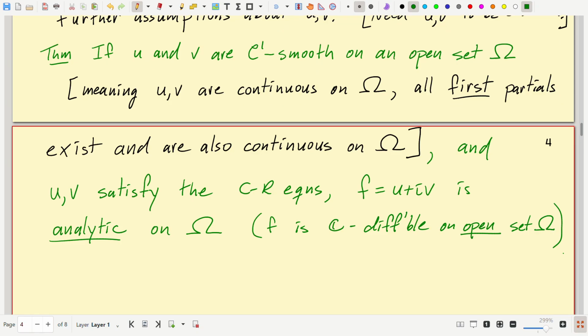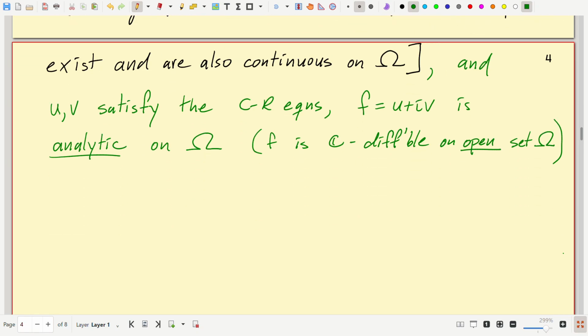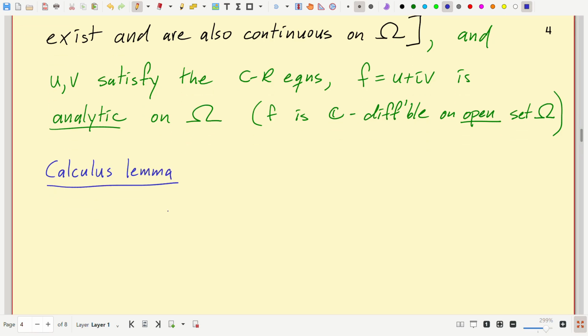Okay, to get rolling on this, I'll need an elementary calculus lemma about the first-order Taylor theorem in 2 variables. You probably saw it somewhere, like Math 261. I'll give you a demonstration of this that's rigorous in case you haven't seen it someplace.